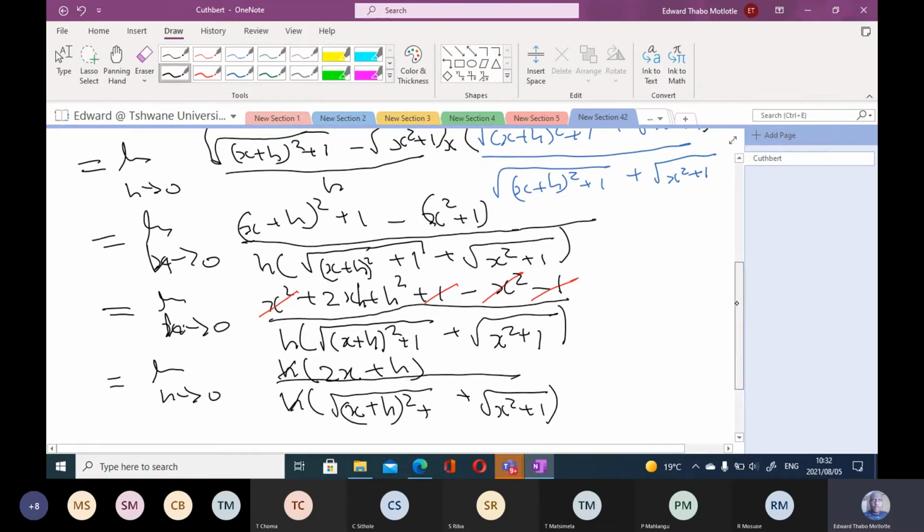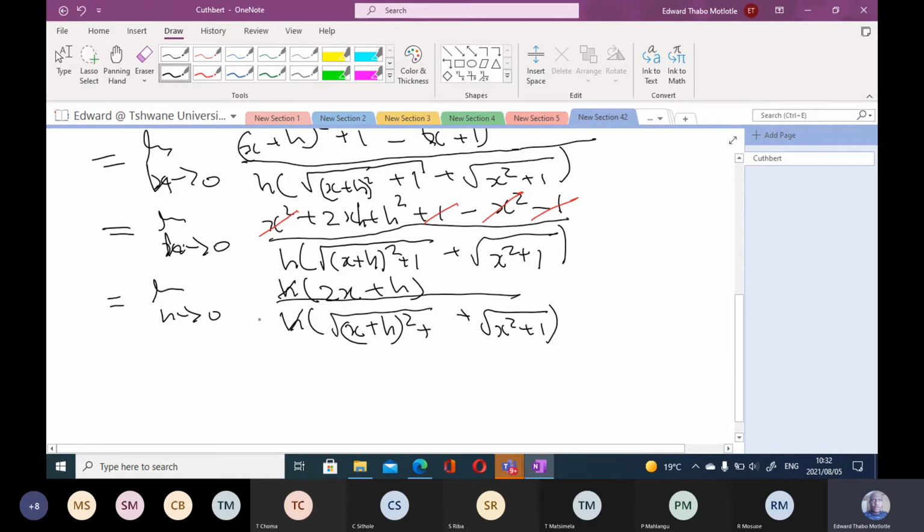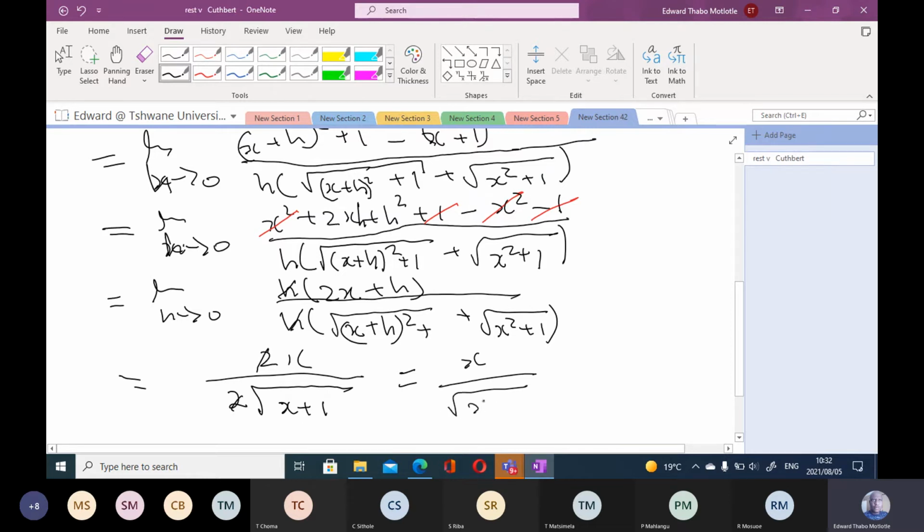Now if you substitute 0 wherever you see h here, you end up with 2x over 2 the square root of x squared plus 1. And then 2 and 2 cancel out. We have x over the square root of x squared plus 1. Okay, so this means we have managed to solve this problem.